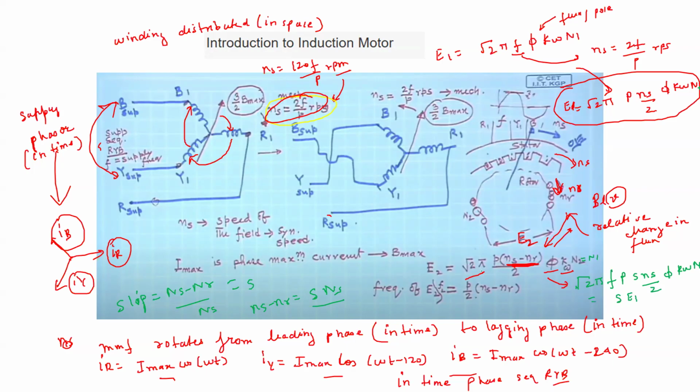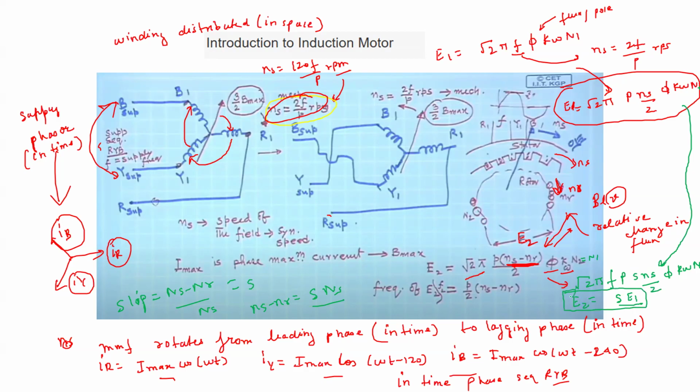This is root 2 pi p (Ns minus Nr), which I am writing as sNs, by 2 phi k omega N. Here we know that E1 is root 2 pi p Ns by 2 phi k omega N, so replacing that, I'm left with sE1. So E2 is slip times E1.